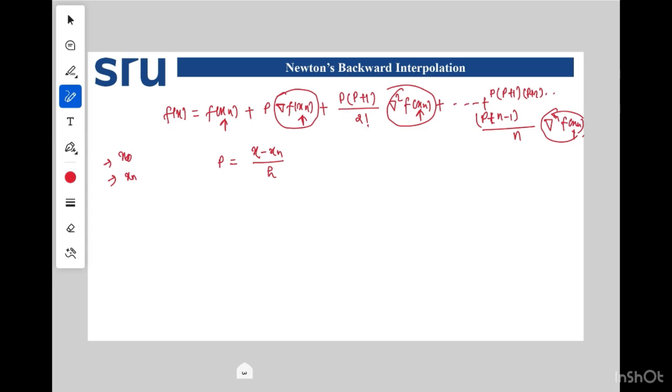And what is h here? h is again the step size, and xn is basically the tabular value; for each n we will have a tabular value.